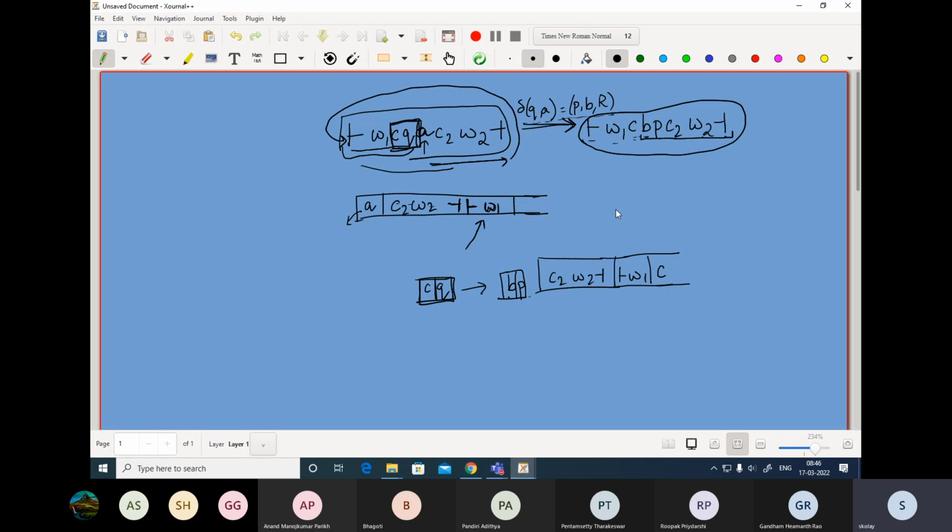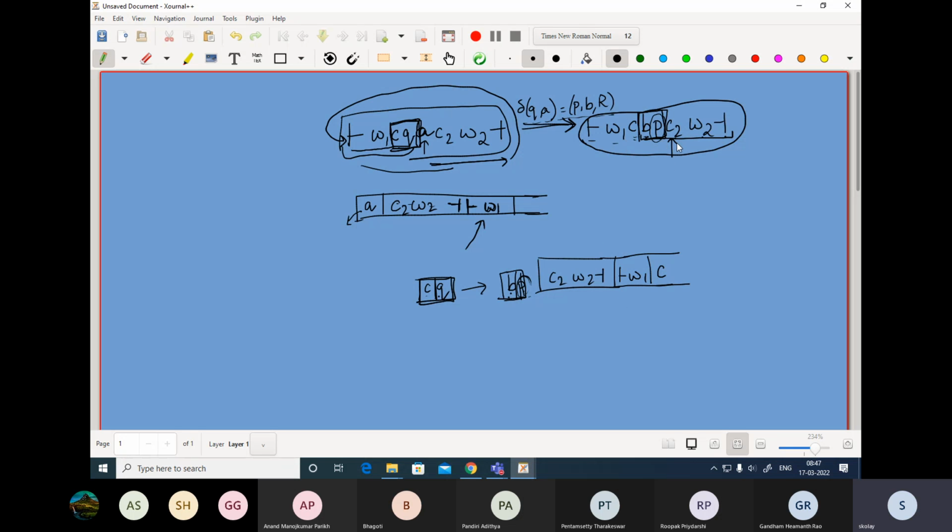My invariant is that the first element of the queue is where the tape head is, and the rightmost element that I'm remembering in my finite control should be the state I am at. So these two elements I'm remembering in my finite control. Instead of CQ, now I remember BP.